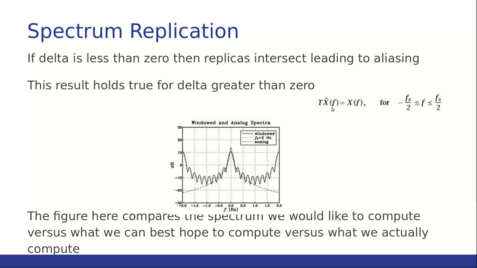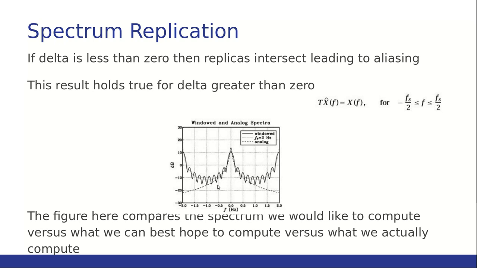This result here, the approximation or the relationship between X of f and the sampled frequency spectrum, holds in the Nyquist interval when delta is greater than 0. The figure here compares the spectrum we would like to compute, which is represented by the dotted line, versus what we can best compute and what the computer would actually compute.